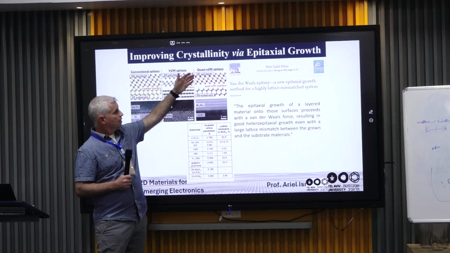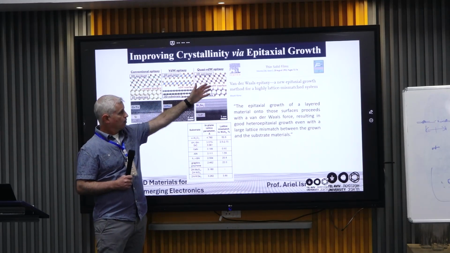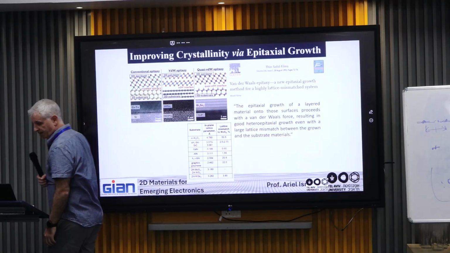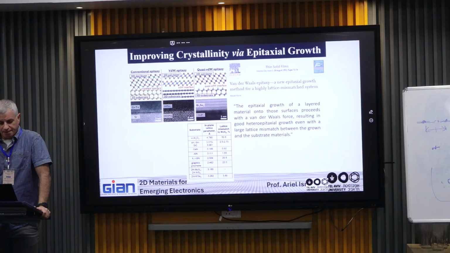If we grow 2D on top of a 3D substrate, it is called quasi van der Waals epitaxy. And these terms were coined by Koma in the 80s, in the 90s of the last century.